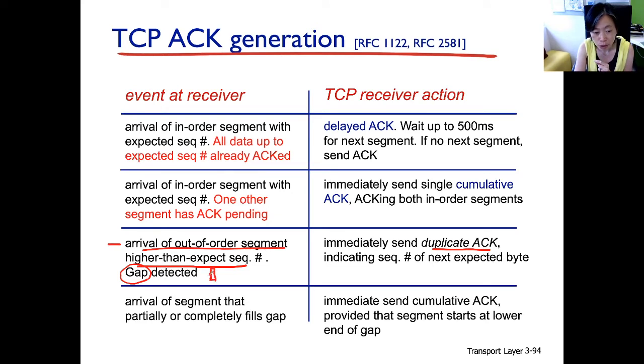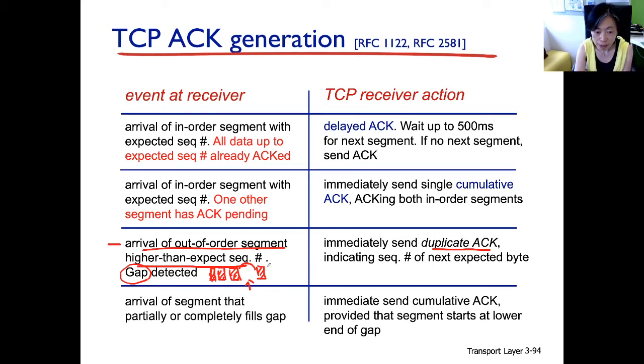Let me illustrate so that it's a bit more clear. Previously, we have received multiple packets, and they are arriving in order. But suddenly, we get a packet that is out of order. It's not quite what we're expecting next.